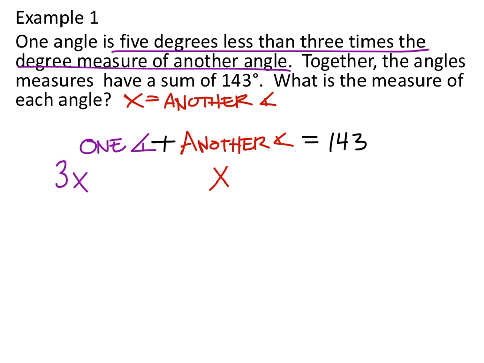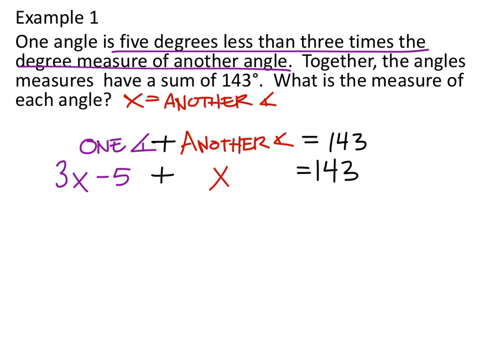So once we figure out what 3 times that other angle is, we would take 5 away from it. Then when I add these two together, I get 143. Now be very careful on this, because if you put 5 minus 3x, you're going to get something very different. With subtraction, the order makes a huge difference. So make sure it is in this order.